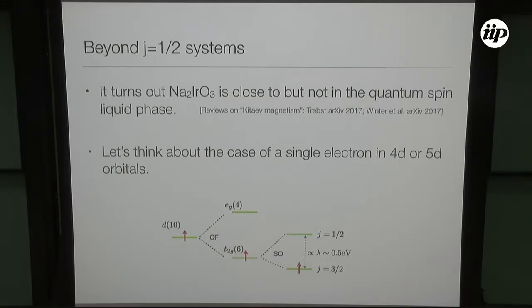So let's think about the complementary case here. Let's say I have only one electron instead of a single hole in the same kind of crystal field and combination with a strong spin-orbit coupling. So sodium iridate would be like the single hole up here. Now I'm going to talk about the case where I put a single electron, like a d1 electron, which will be now in this lower energy manifold that is a J equals 3/2 multiplet.